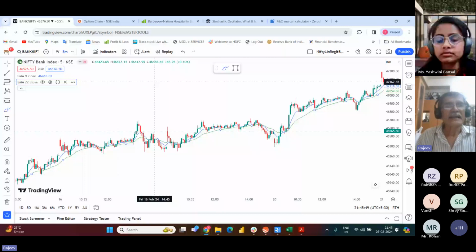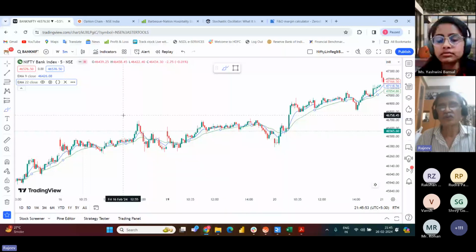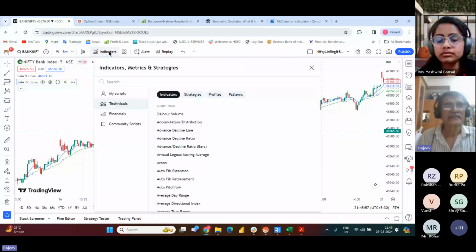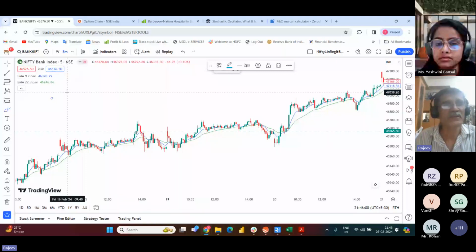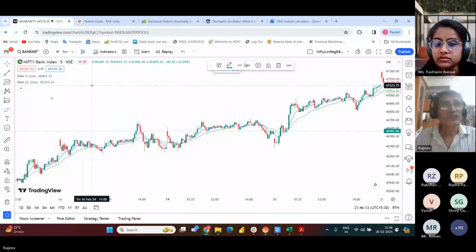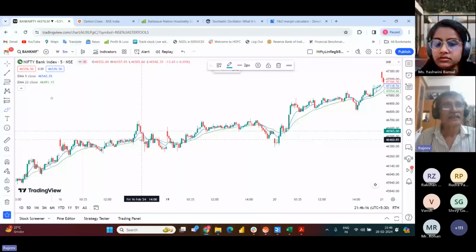So if I'm looking at Bank Nifty as an instrument that I want to trade in, there is an indicator column over here. I have already added one indicator called EMA, exponential moving average. You probably would have heard about moving averages and exponential moving averages in your mathematics class sometime. So that's what is being used here as an indicator.